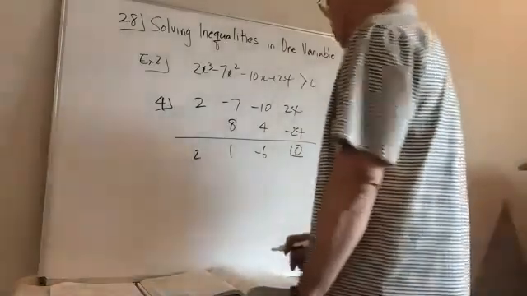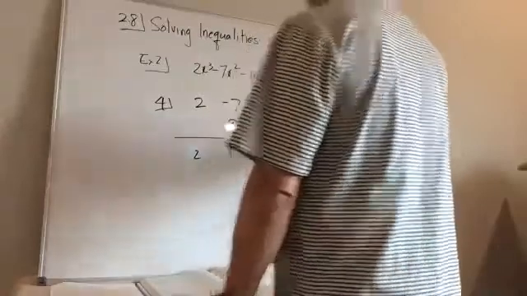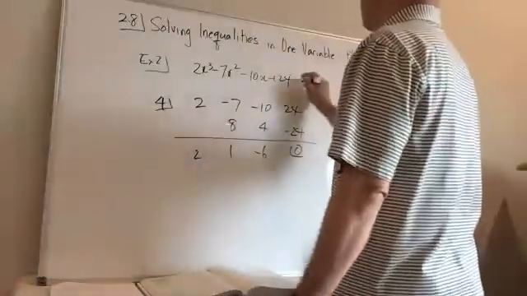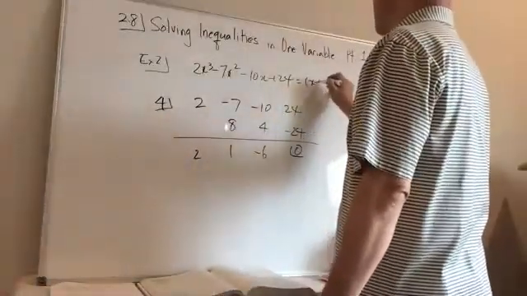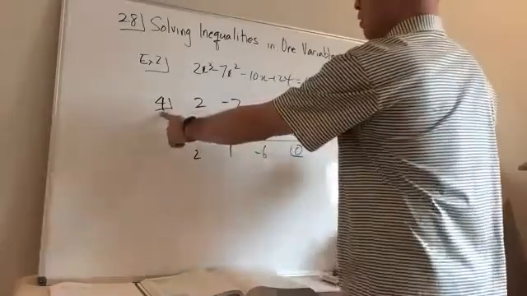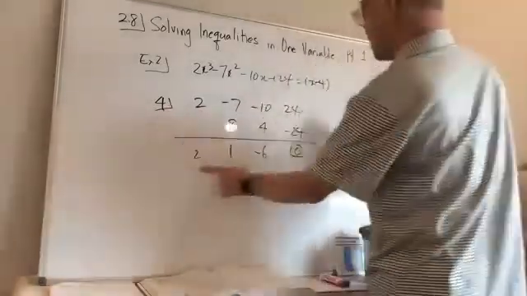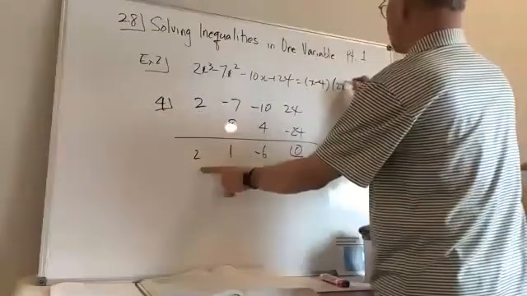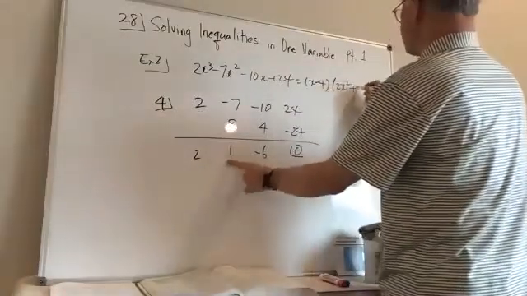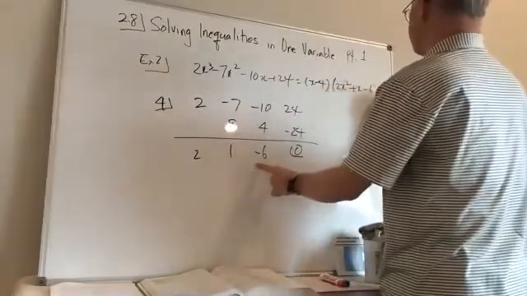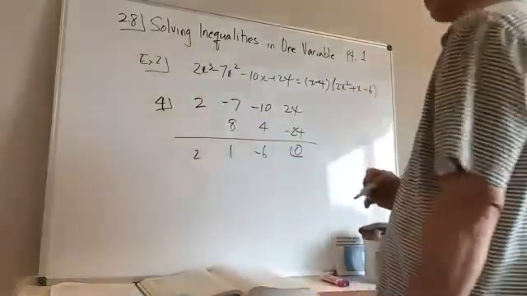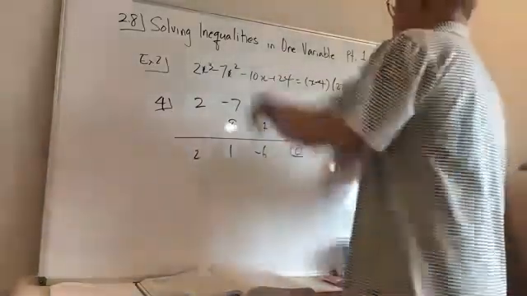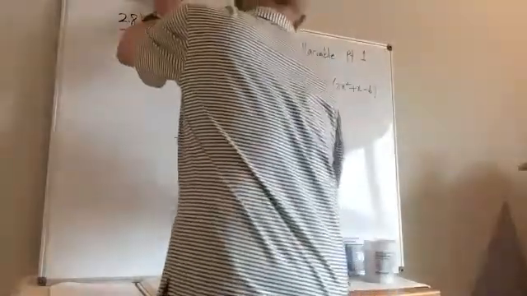Okay, so what do I have left? I find that this is going to be equal to x minus 4, and what do I have left? 2x squared plus x minus 6, right? So from here, this factors out.